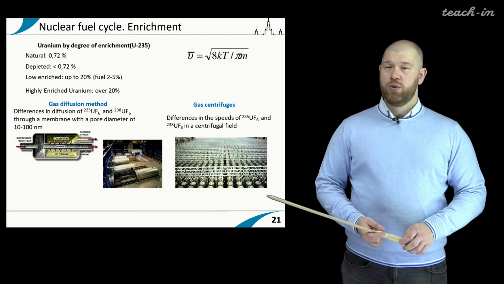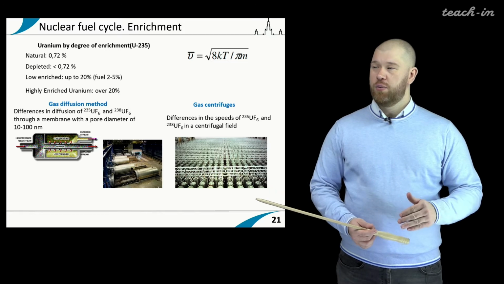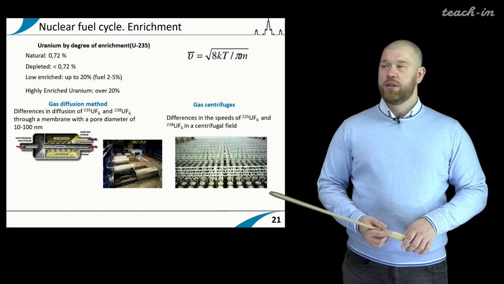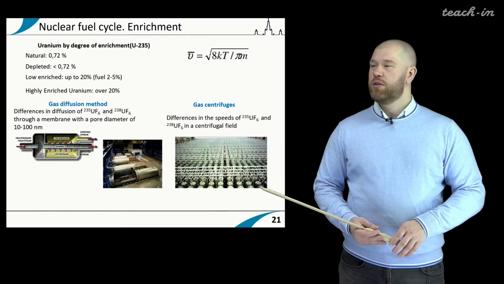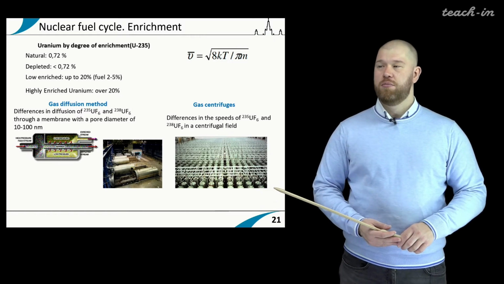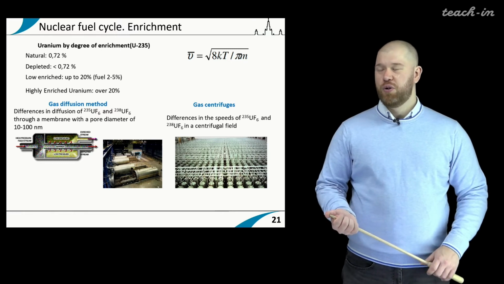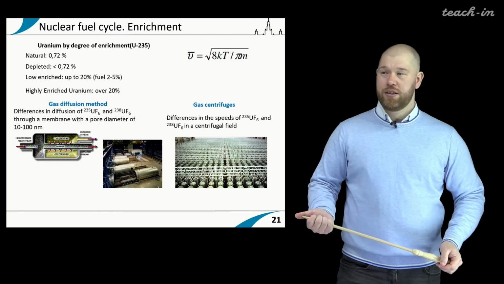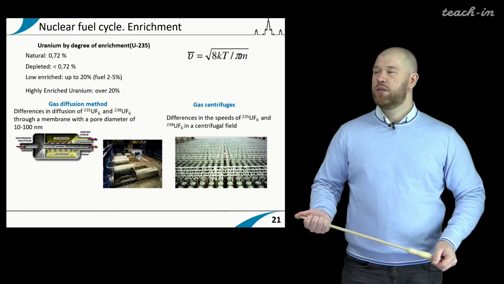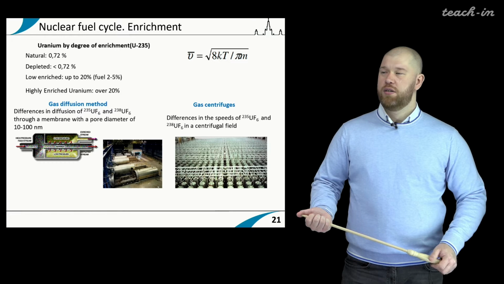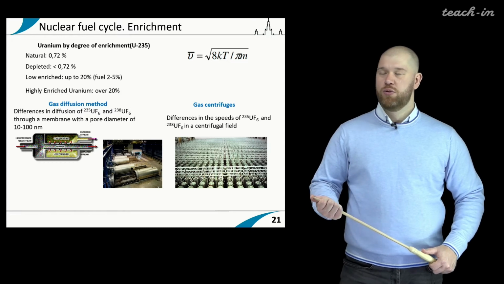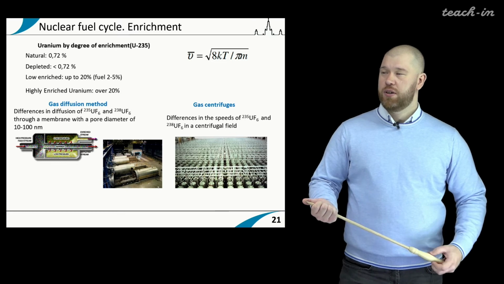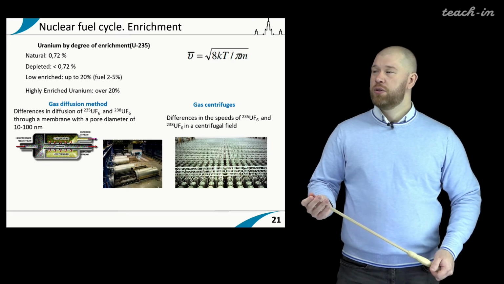Then the next step. So first was mining, then conversion, then enrichment of uranium. As I told you already, we do it in the gaseous phase. For this, we can use different methods. The first method was based on magnetic separation of different isotopes, but it consumes a lot of energy, and nowadays this method is no longer in use.